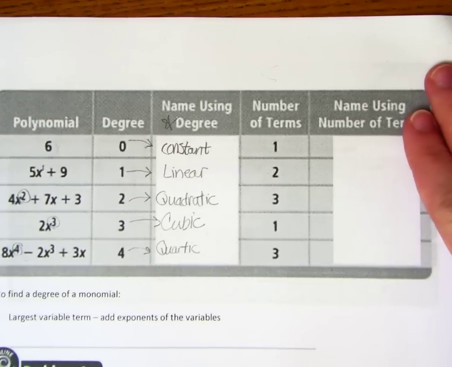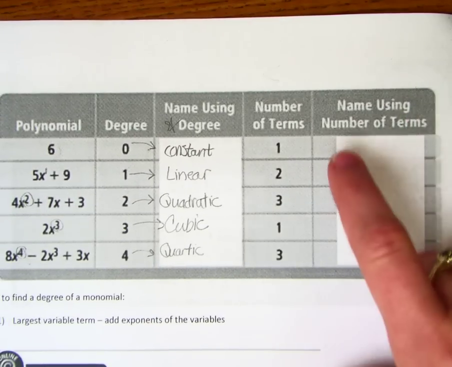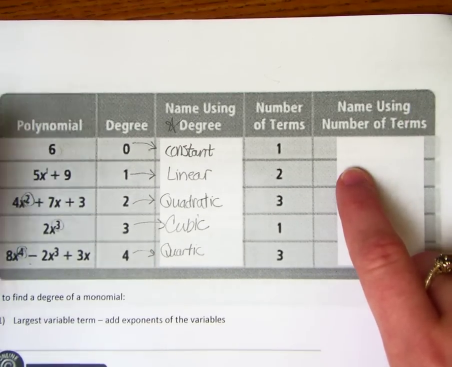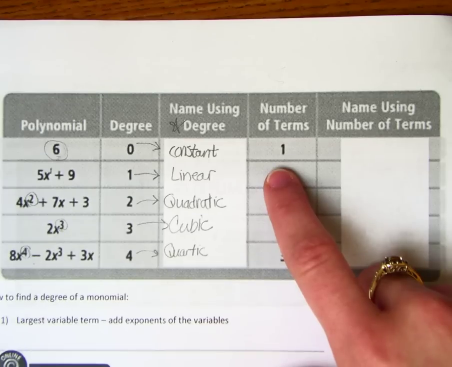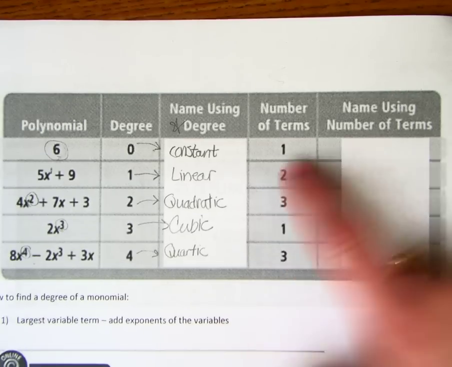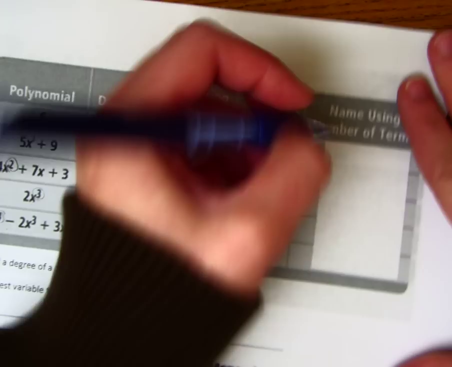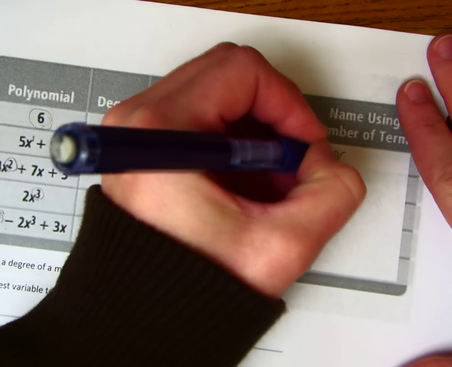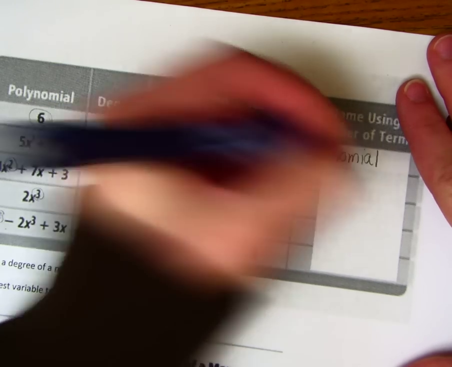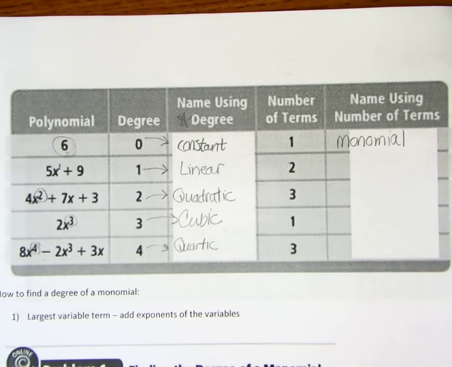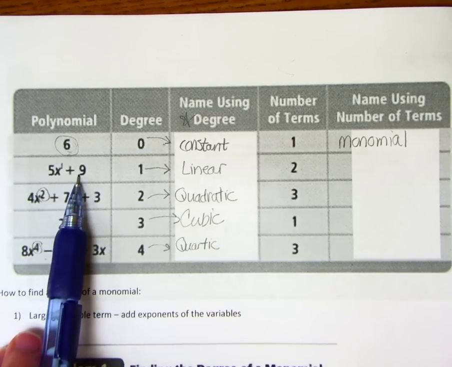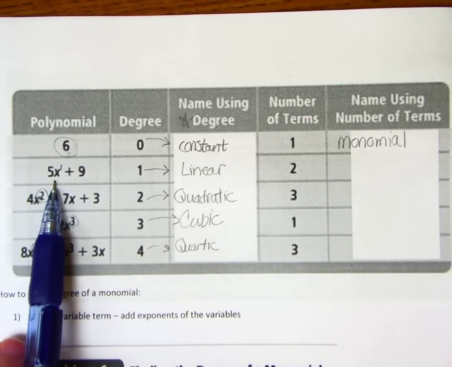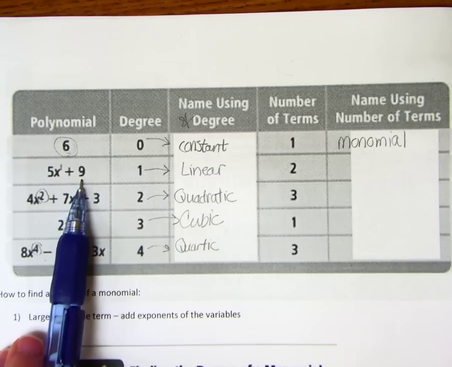You also need to be able to name a polynomial using the number of terms. You can notice that the polynomial of 6 simply has one term. There's one thing. We call that a monomial. Moving down, the next polynomial has 2 terms. 5x is the first, positive 9 is the second.